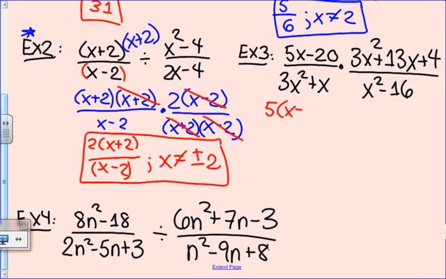So 5 times x minus 4. And the bottom, what do they share? We both have x's. Alright, x times 3x plus 1. Very good.